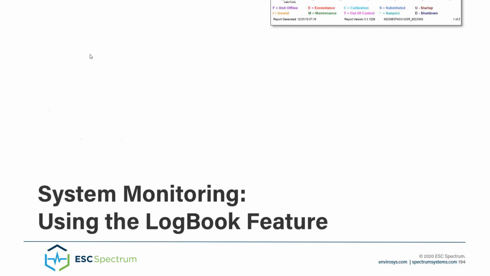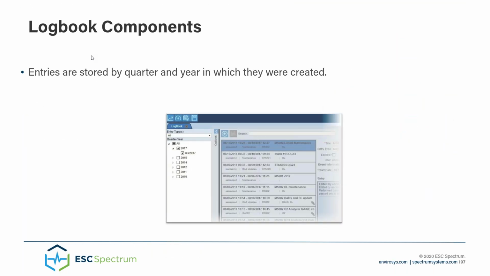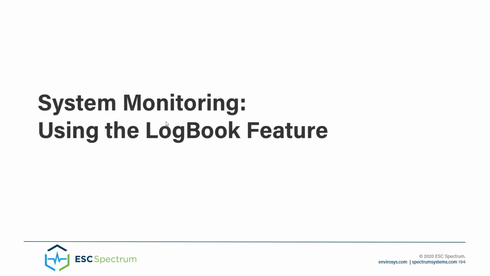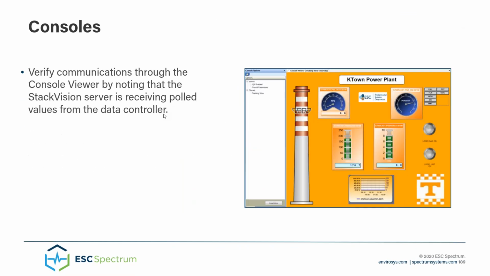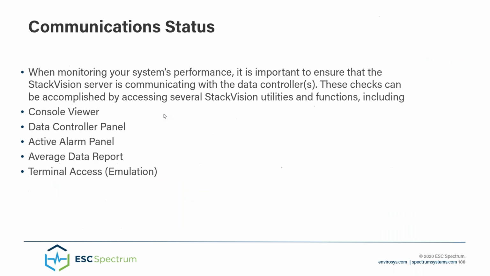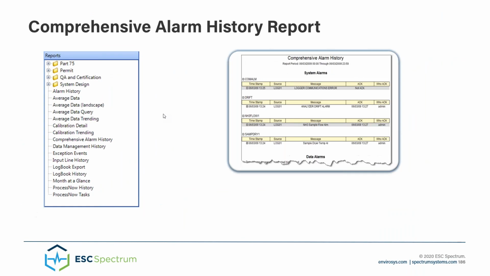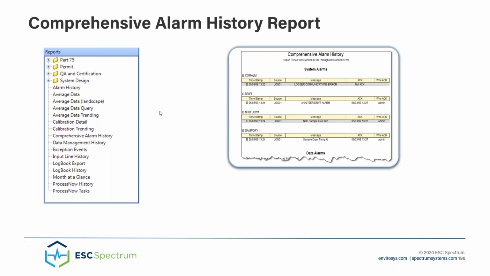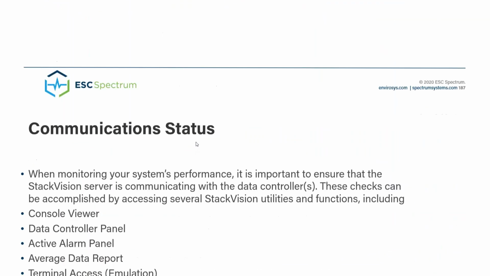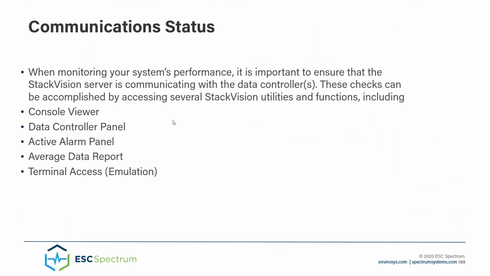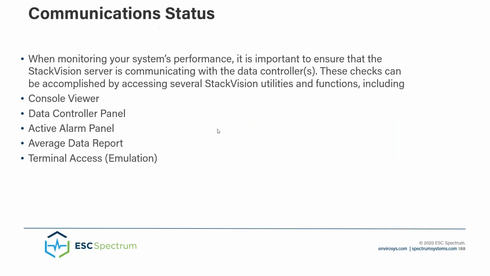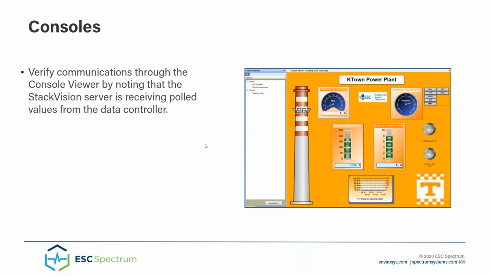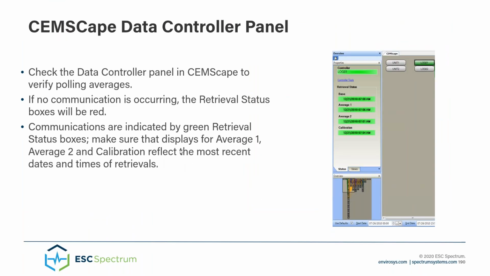All right. So, what do we cover in our system monitoring? Well, we went in and we looked at the alarms. We looked at communications. How do we check to make sure our communications are working and everything is good? We talked about the consoles, being able to look at a console for our communications.